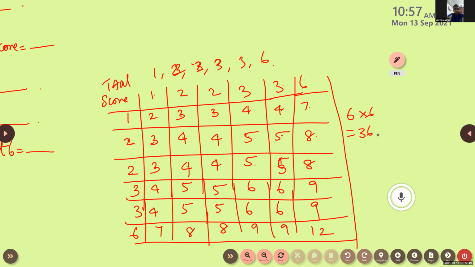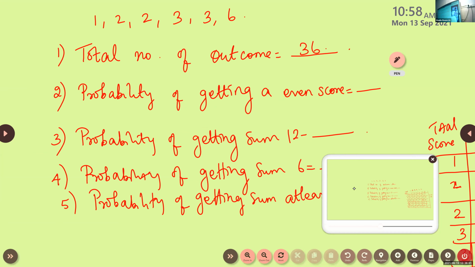Now answer the first part. What is asked? Total number of outcomes. The second one is the probability of getting an even score.